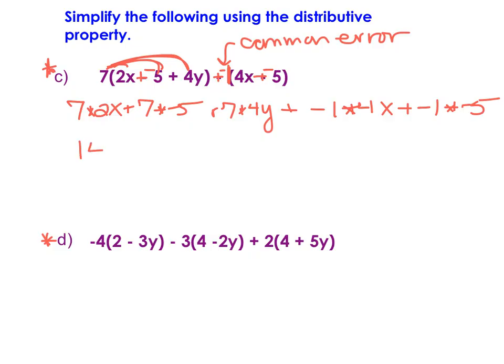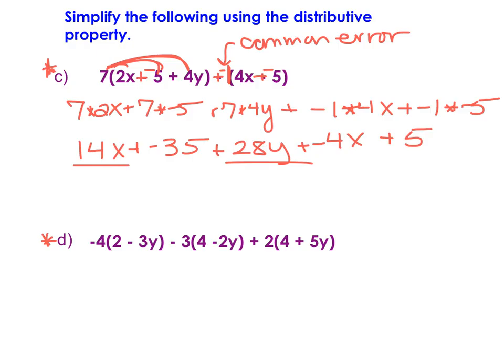So here we have 14x plus a negative 35 plus 28y plus a negative 4x plus negative 1 times negative 5 is 5. And now let's start combining like terms together.